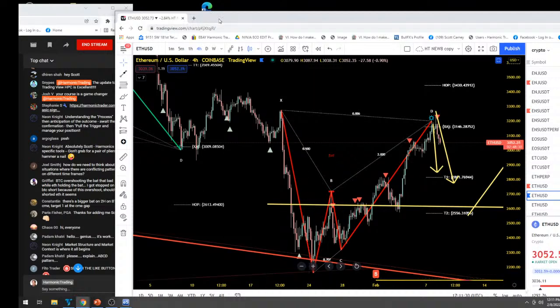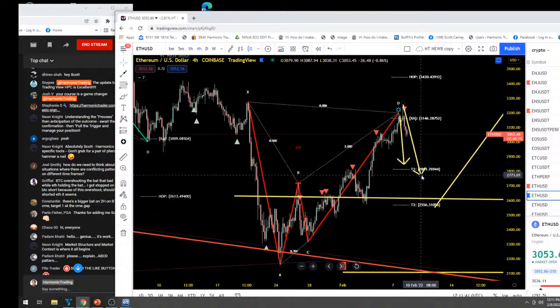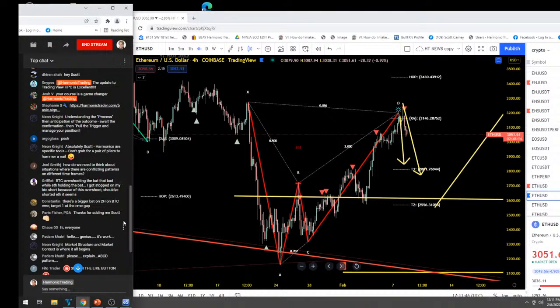Same as Bitcoin, same as Ethereum. We're coming back and retesting that at the 886 with just this reactive bounce. So I would look for this to come down, target 1 on both of them. That's where crypto is, really.